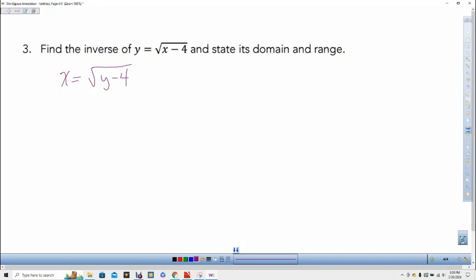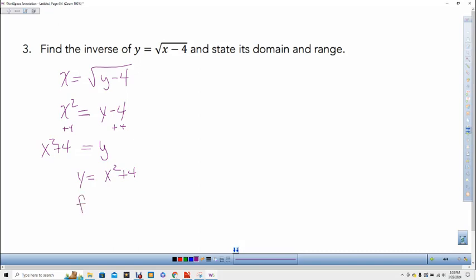Then all you're going to do is solve for y. First, I'm going to square both sides, so you get x squared equals y minus 4. Then I'm going to add 4 to both sides so that I've got y all by itself. So the inverse, y equals x squared plus 4.